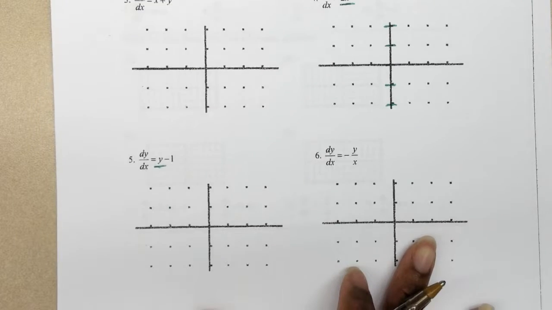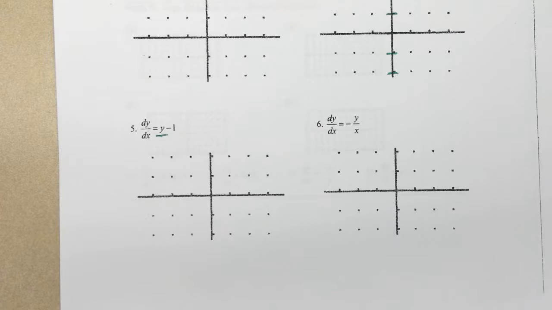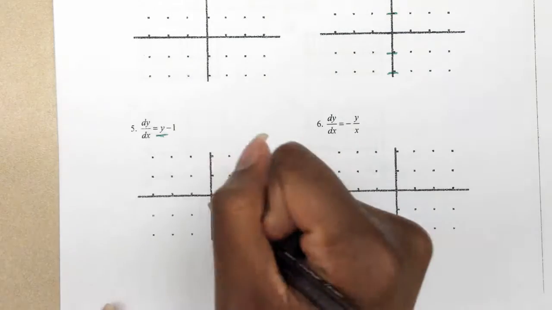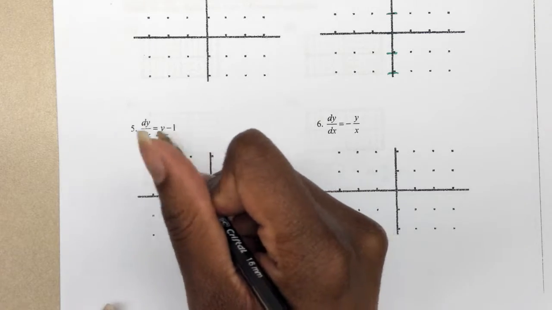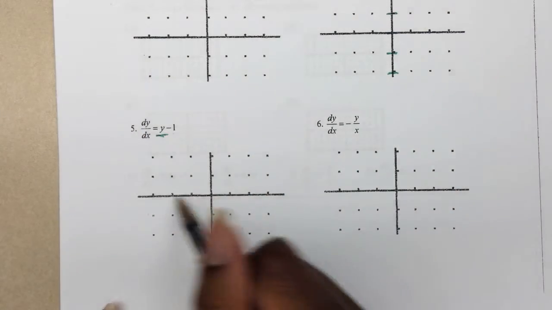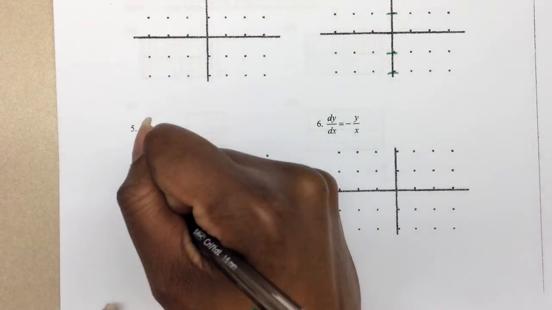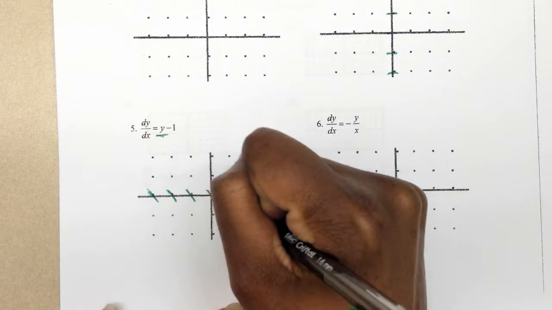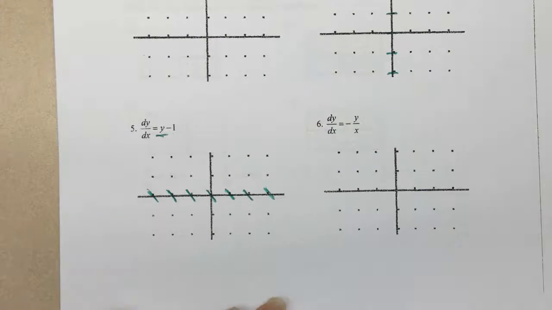And similarly, if you look at number 5, when y is 0, our slope is negative 1. So all along the x-axis, we're going to have a slope of negative 1 because y is 0 all along the x-axis.